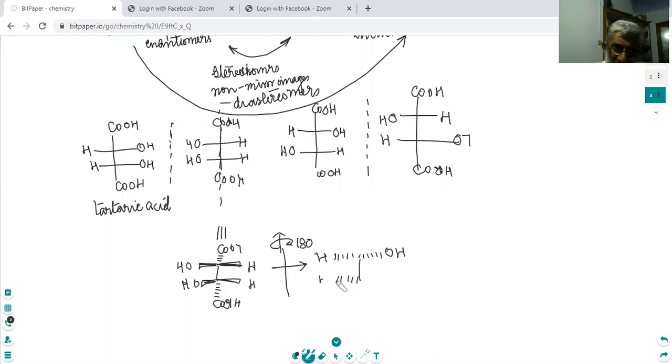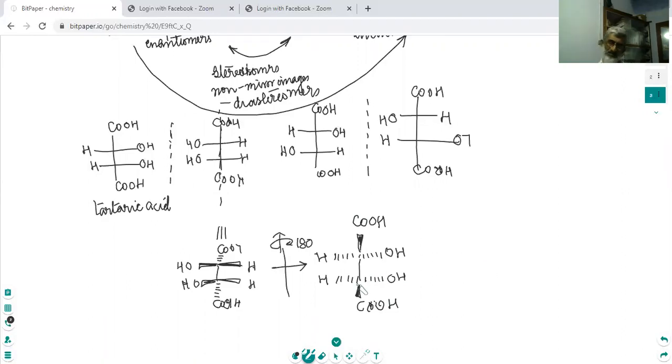H on this side, OH on this side. And here these bonds will come to the front. COOH, COOH.